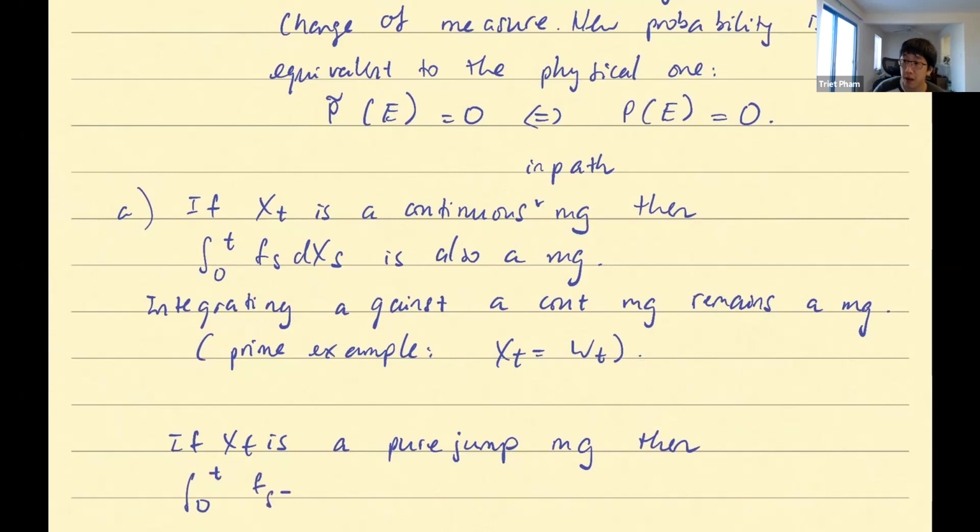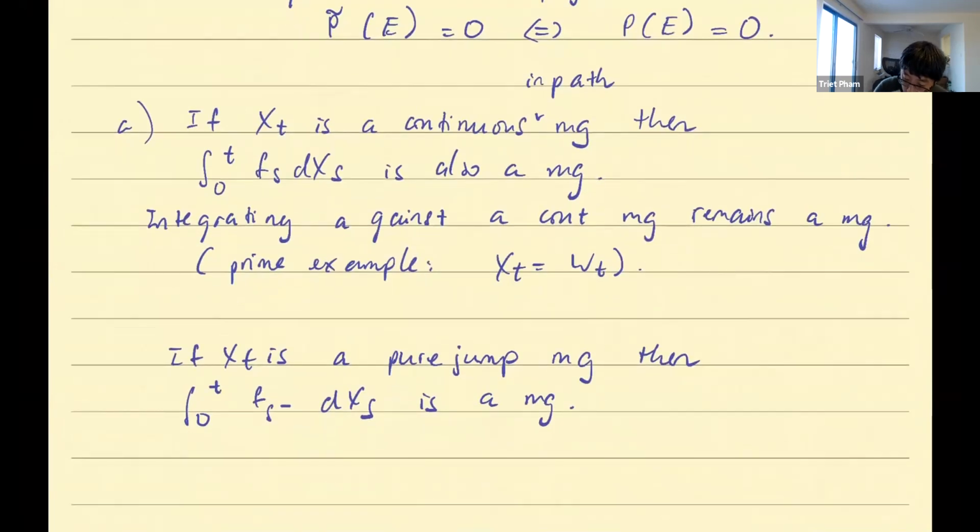You have to do a minus. The difference is that if it's continuous in path, then you integrate, you bet against this martingale, you're fine. But if it's a pure jump martingale, then you need to make sure that this integrand is predictable. I'll explain.